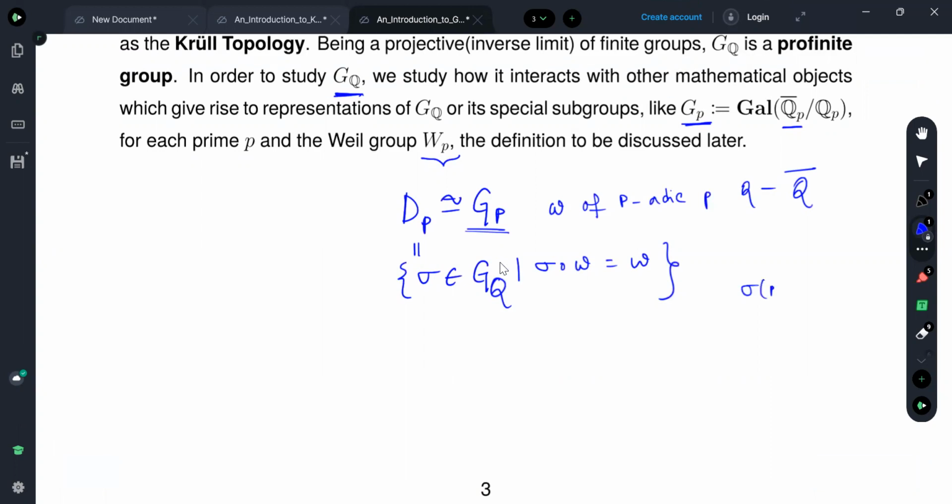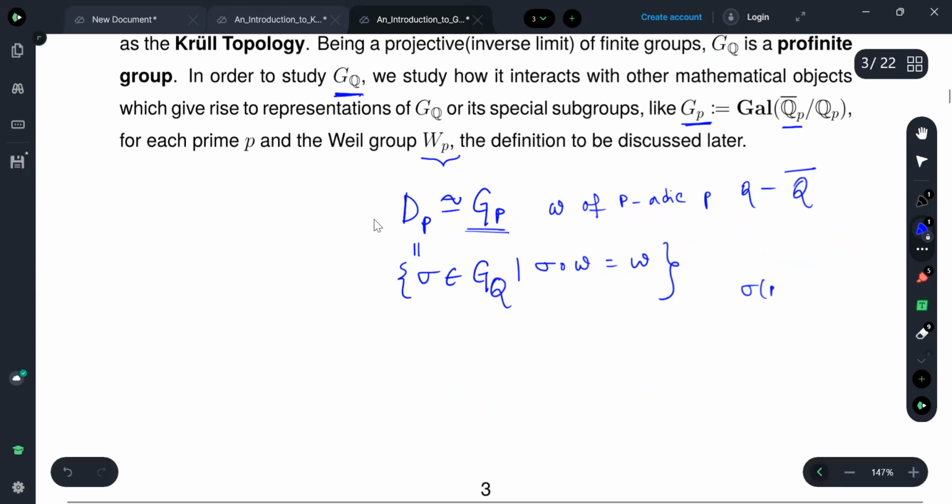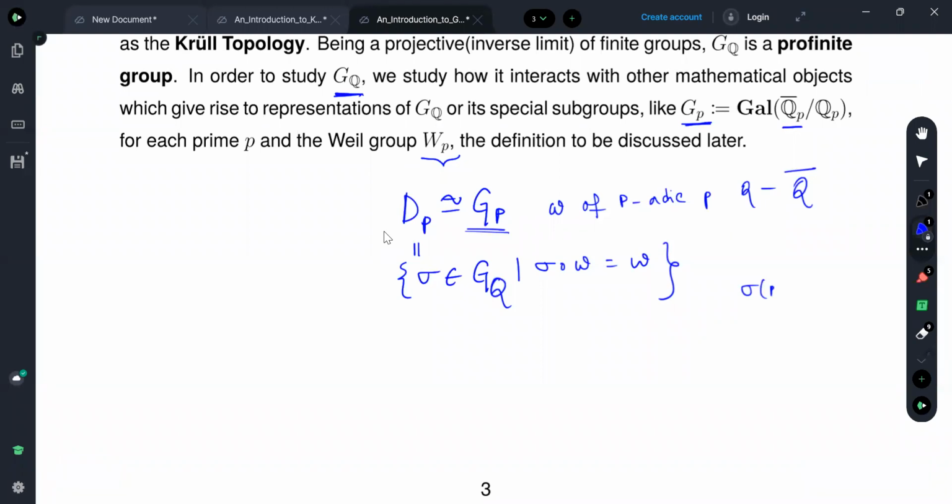Can you write GP as an inverse limit of a sequence of Galois groups?